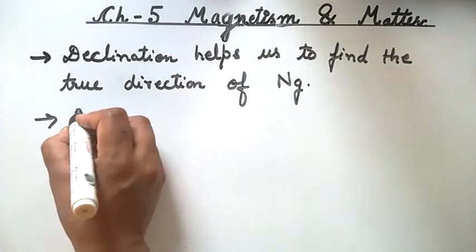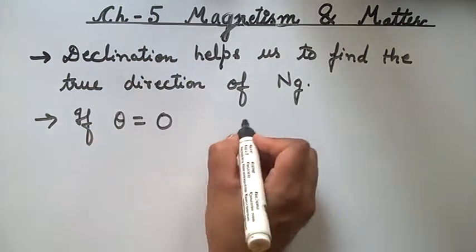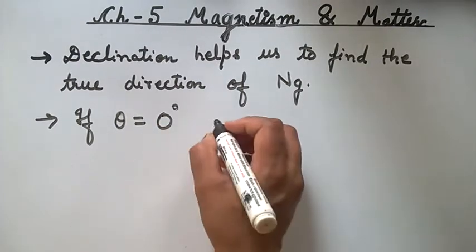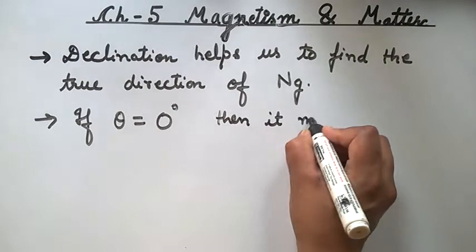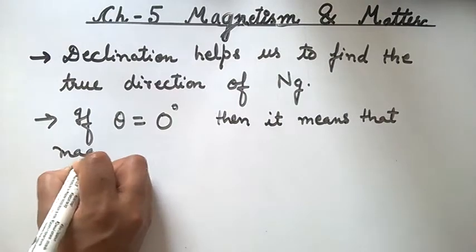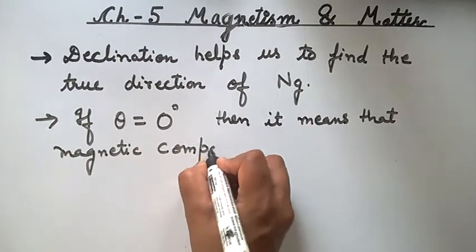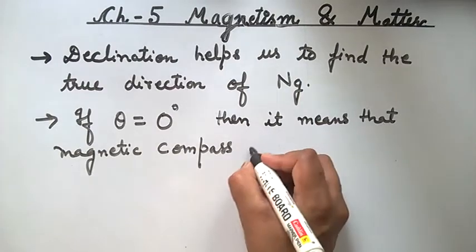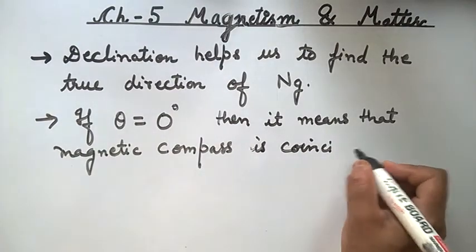That is, if theta is equal to 0 at a particular place, then it means that the magnetic compass needle is coinciding with the true geographic north.